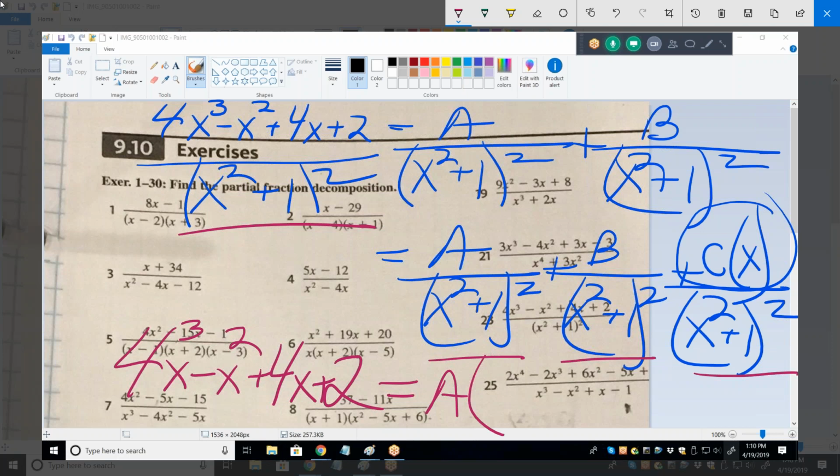In other words, A is going to be times x squared plus 1 times x squared plus 1, right? Hold on. Am I doing something wrong here? Let's see. Yeah, because it has an x squared plus 1 squared.